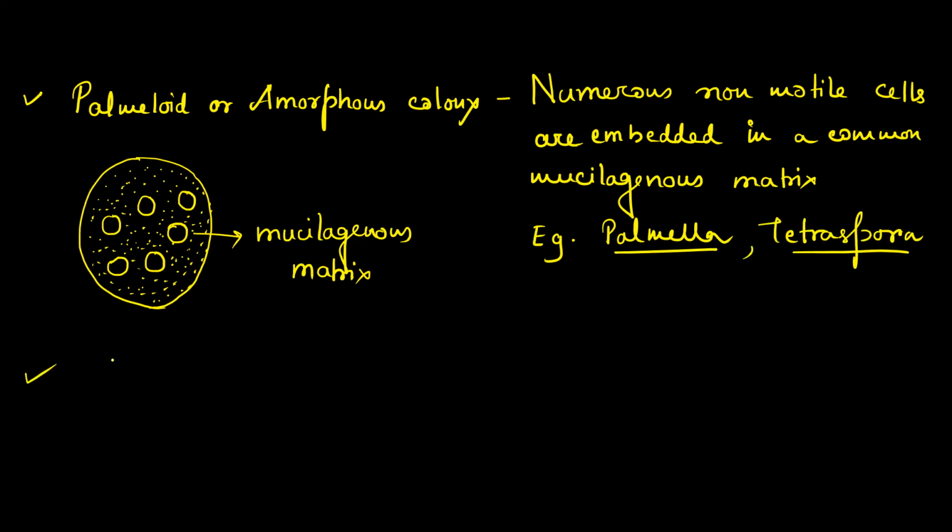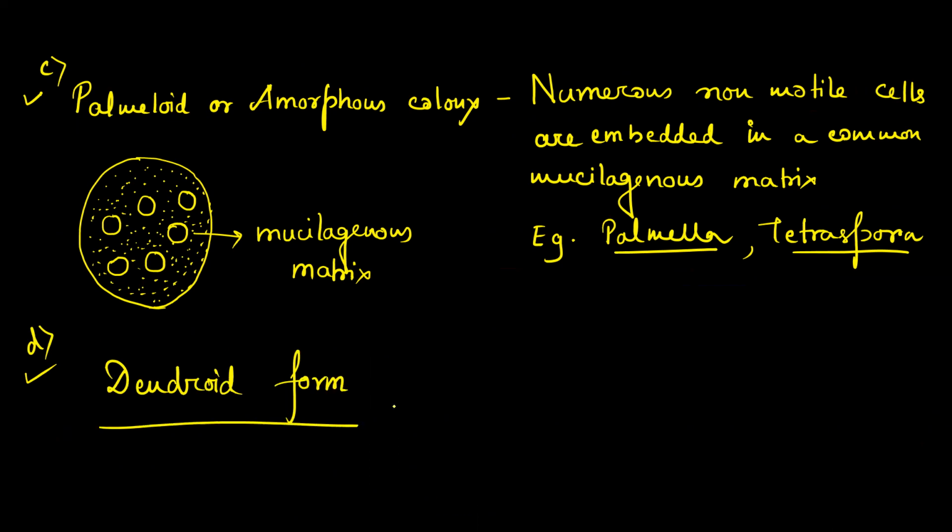Next, what do we have? This was your C. This is your D. Next, what do we have? Dendroid form. In dendroid form, what do we see? The plant body possesses a tree-like structure.